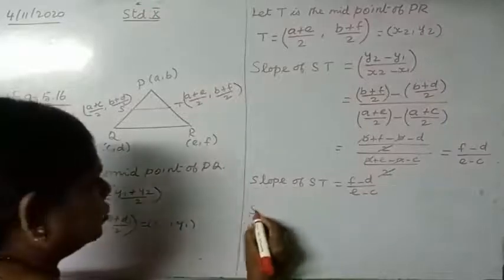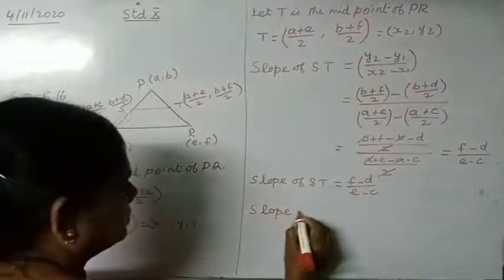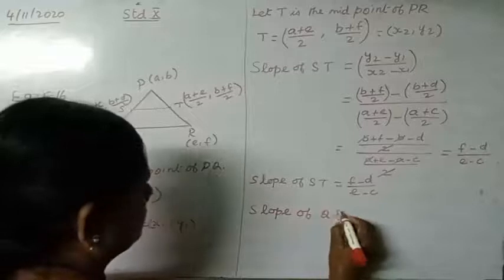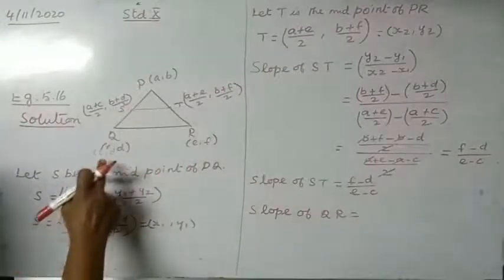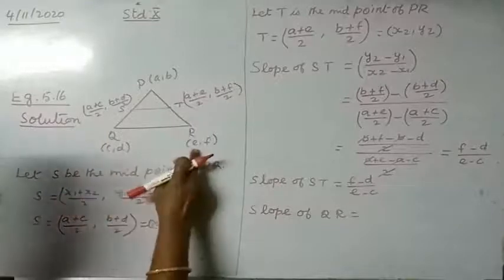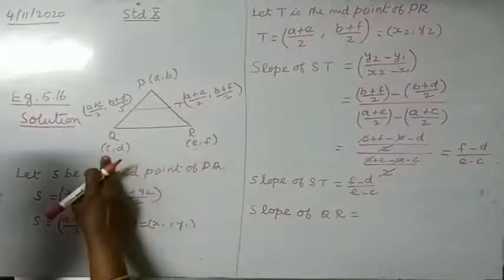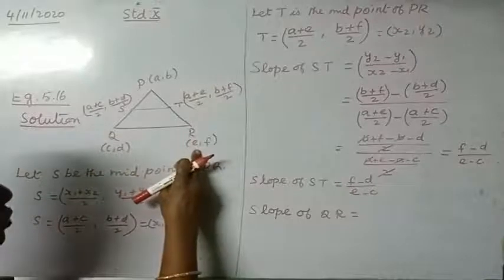Now find the slope of QR. So once again you write the formula and apply. Here Q is C comma D, R is E comma F. Take this as x1 y1, this as x2 y2.